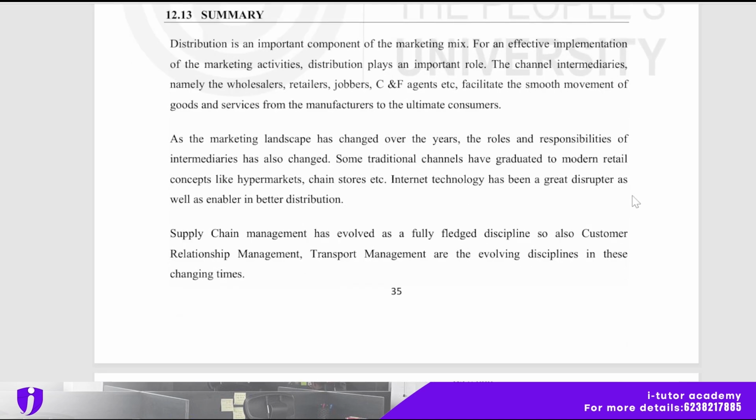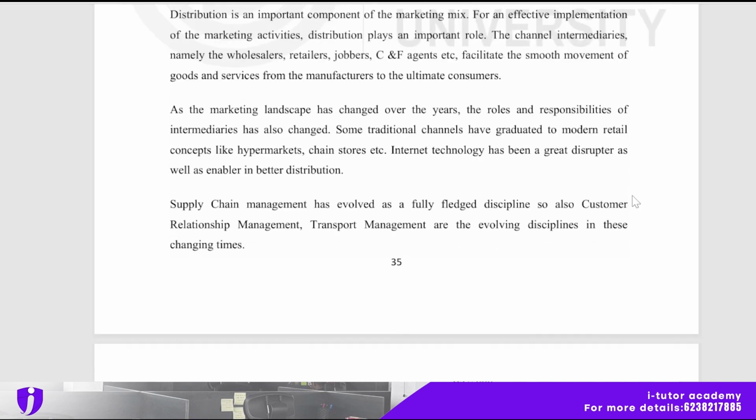Distribution is an important component of the marketing mix for an effective implementation of the marketing activities. Distribution plays an important role. The channel intermediaries, namely the wholesalers, retailers, jobbers, C&F agents, etc., facilitate the smooth movement of goods and services from the manufacturers to ultimate customers.